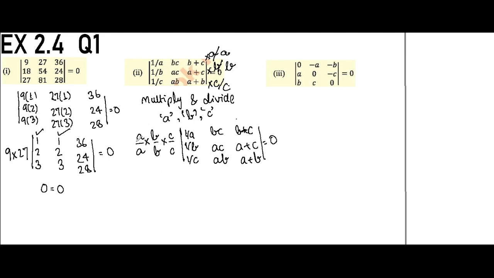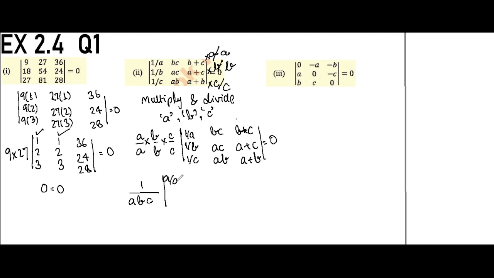Now we are going to multiply this A with the first row, this B with the second row, and this C with the third row. And these divided A, B, and C will remain as it is over here. So it is going to be like 1 by ABC into... Now multiply A with this entire row.